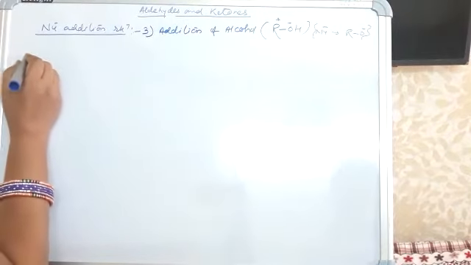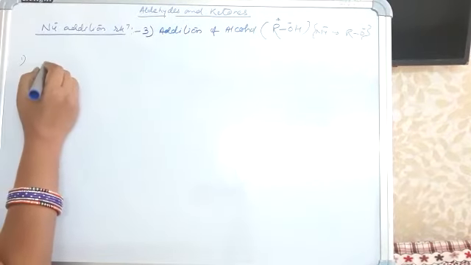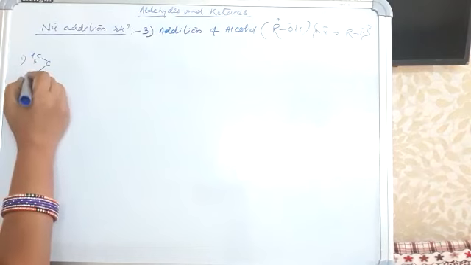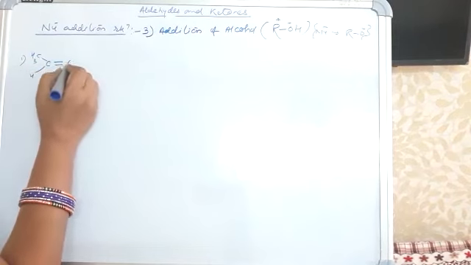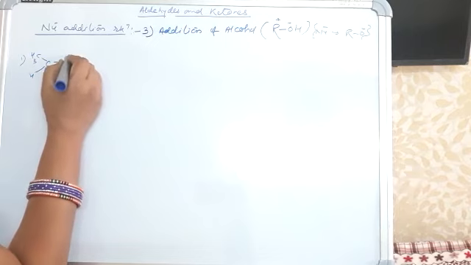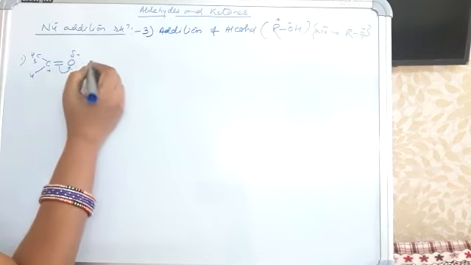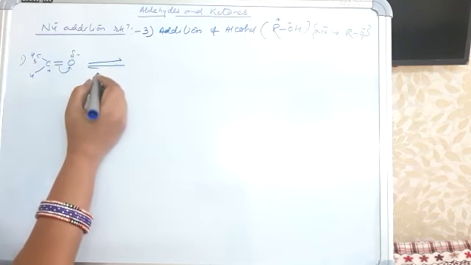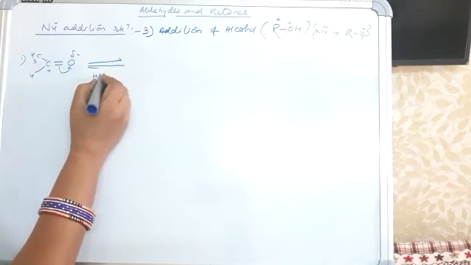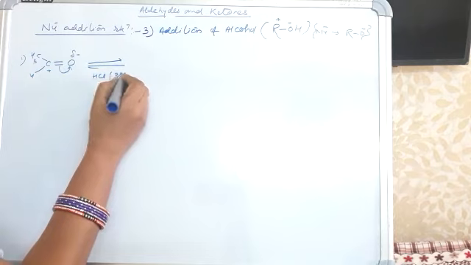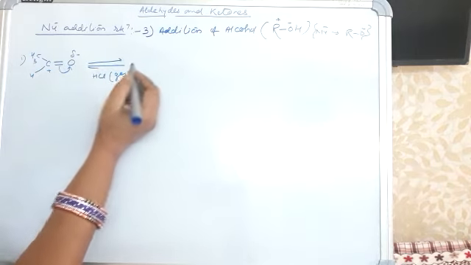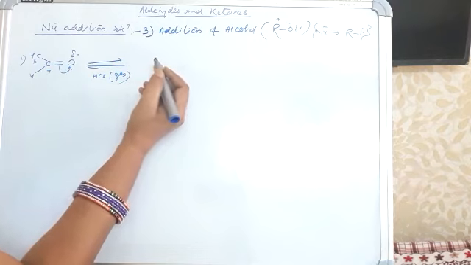Now see here, when aldehyde is treated with alcohol, this is a reversible reaction and it takes place in presence of HCl gas. HCl gas helps to protonate the oxygen and increase the rate of reaction.